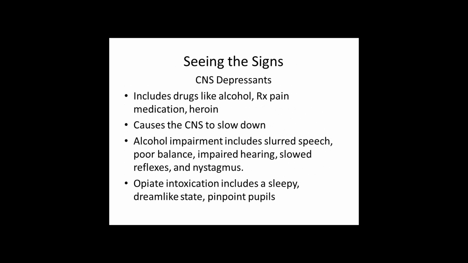Central nervous system depressants include things like alcohol, prescription pain medications, and heroin. They cause the central nervous system to slow down. There's a much more significant risk, medically speaking, with ingesting too much of a central nervous system depressant than there is with a stimulant, although you put yourself at risk for a cardiac incident or a stroke if you use large amounts of a stimulant over a long period of time.